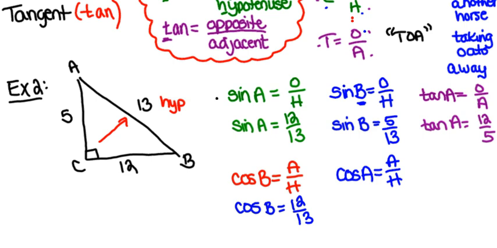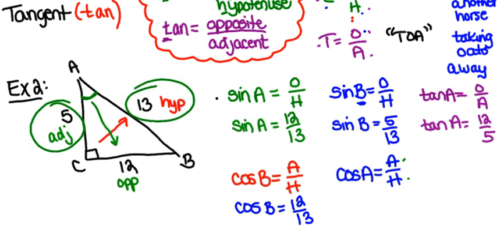So if I go to the picture, my reference angle now is A. So opposite is 12, adjacent is 5. We want to compare adjacent over hypotenuse. So the cosine of angle A would be 5 over 13. Notice all of these answers stay as fractions.